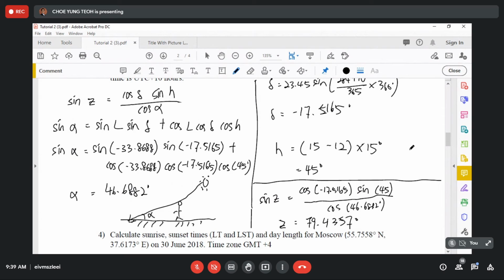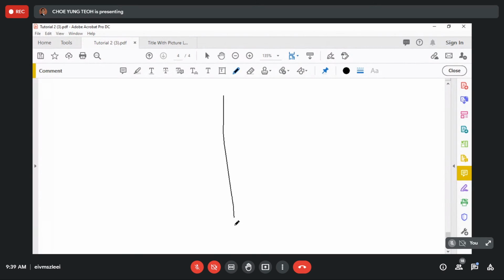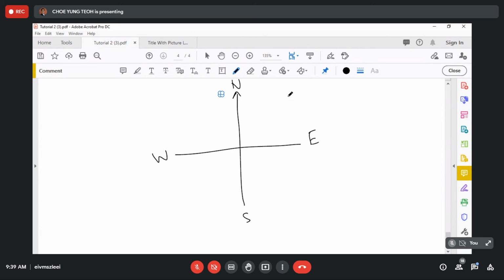But from this side, actually, we need to check. Maybe I draw it here. North, south, east, west. And actually, where is the location of the sun? In the first quadrant, second quadrant, third quadrant, or fourth quadrant? You get 79.4357.